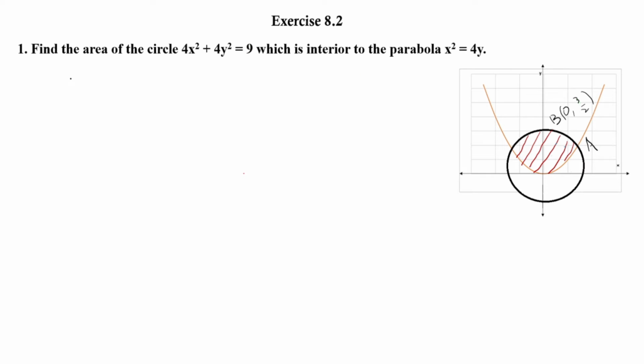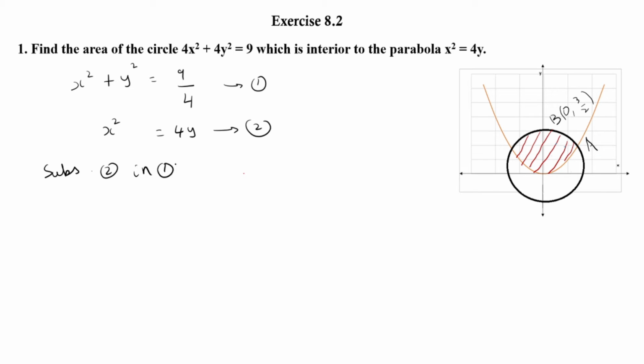The circle is 4x square plus 4y square equal to 9. I am writing it as x square plus y square is equal to 9 by 4. Let this be equation number 1 and the other equation is x square is equal to 4y. This is equation 2.